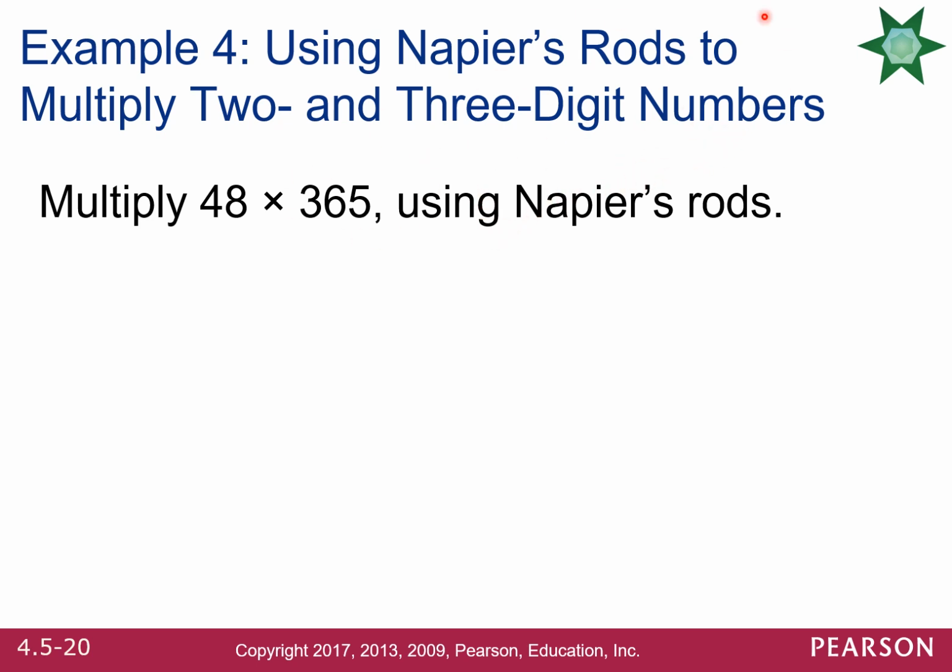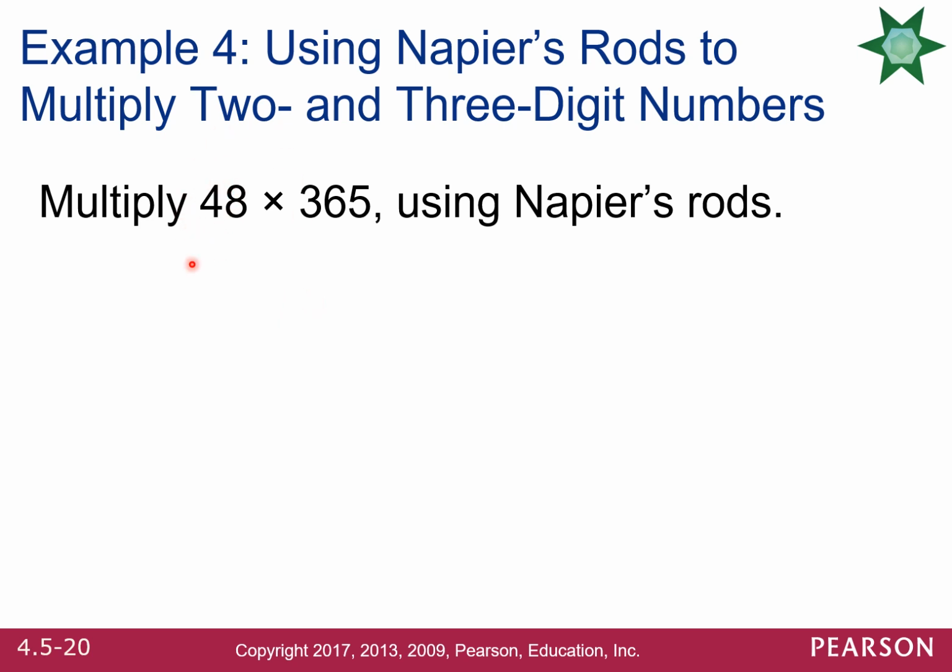But if you recall, Napier's rods had single-digit values across the top row, and the index, the leftmost column, also had single-digit values from 1 through 9. But here we have 2 and 3-digit values. So how do we go about doing the multiplication?